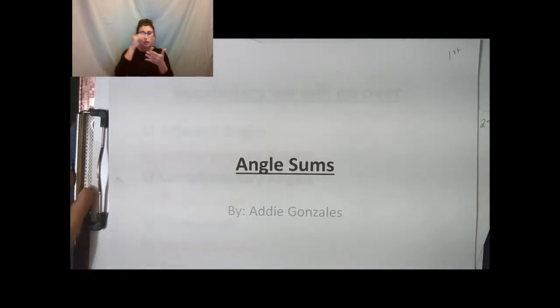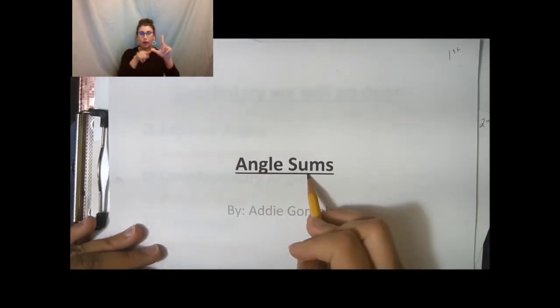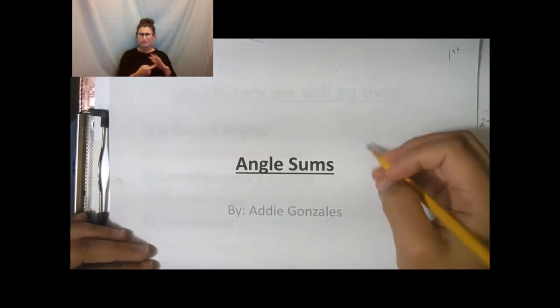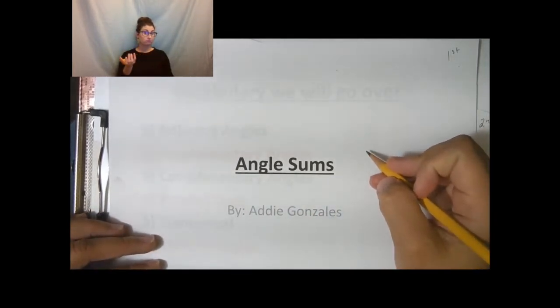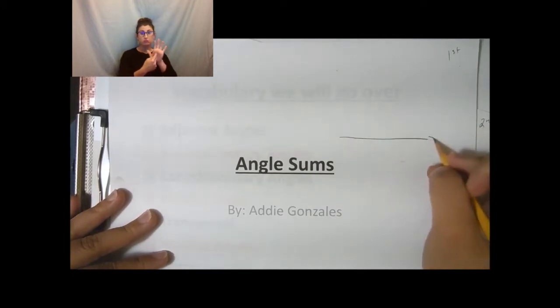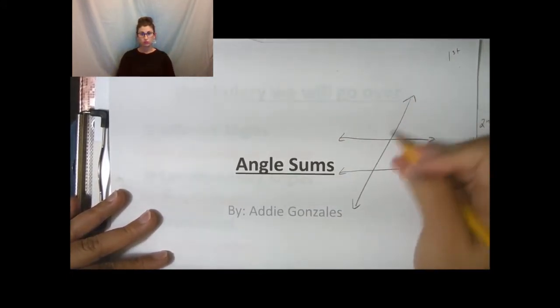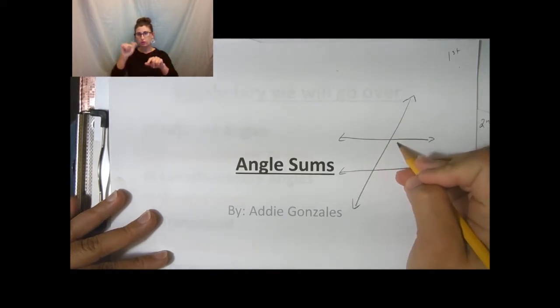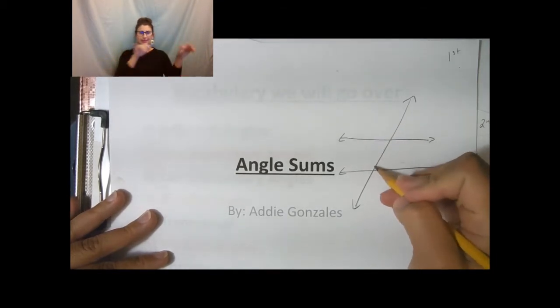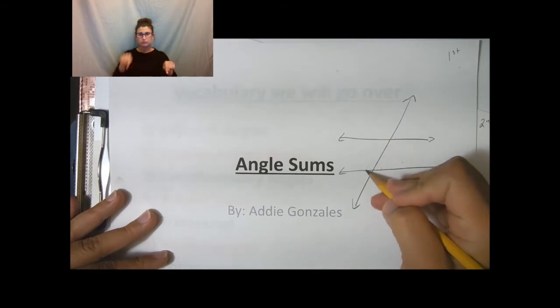Okay, so we are going to learn about angle sums. What that means is if I give you angles like this, here's an angle, here's another, here's another, here's another, same thing down here, here, here, here, and here.